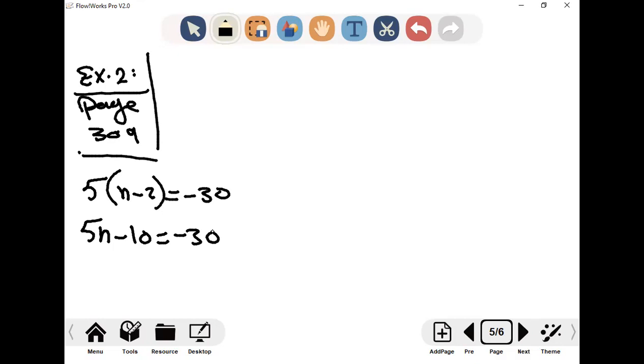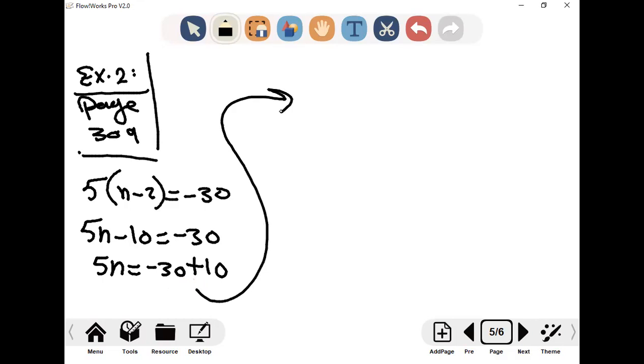Shift the negative 10: 5n will be negative 30 plus 10. This is not 40 or 20, this is negative 20. It's not new: subtract and take the bigger number's sign. It is new, I'm giving you new information, sorry. 5n equal negative 20. Divide by 5 both sides. N equal negative 4.